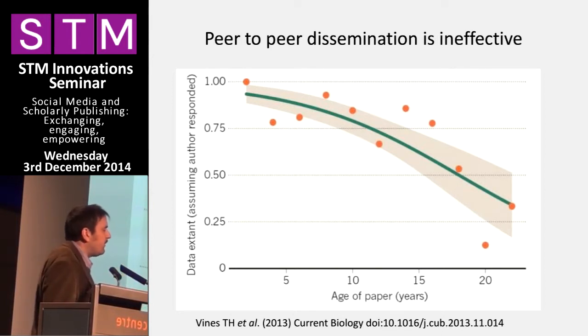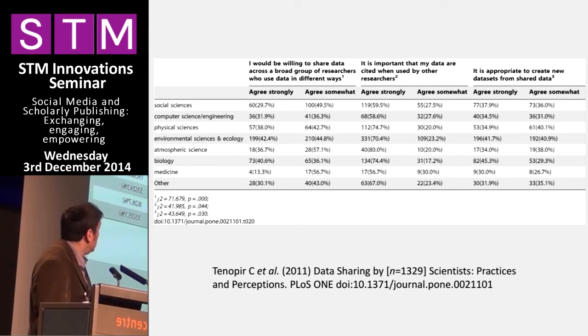If they did email them, they didn't respond, or if they did respond, they couldn't find quite the right data, or they did send something, but it wasn't the right thing. So there's attrition at many stages, and this is just one of the more rigorous studies to show that peer-to-peer dissemination is very ineffective, and I think they found overall about 17% attrition every year from publication in the ability to collect the data afterward. So pretty serious after 20 years.